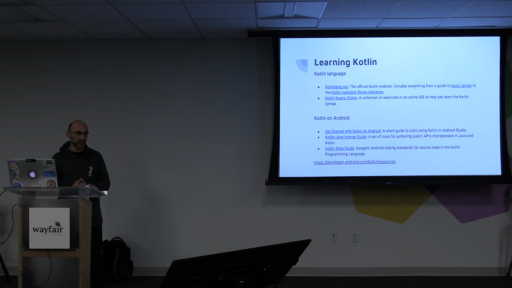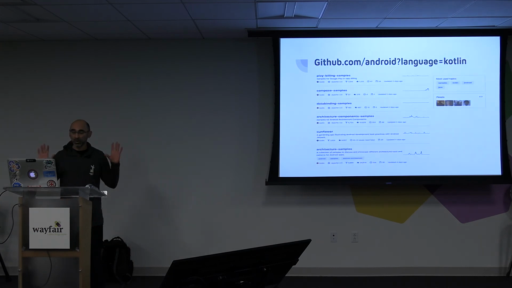So if you're new to Kotlin, here's a lot of links that will get you learning Kotlin, and then Kotlin on Android, some very good links to get you started there. Google, just very recently, took every single Android example source code they have and made a new URL. It's github.com/Android, and that's where all their Android samples are.